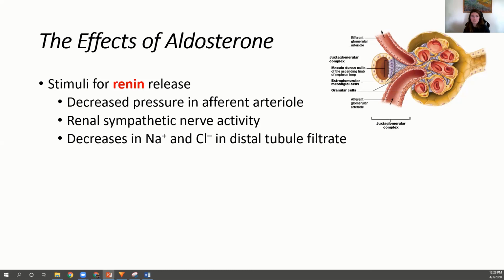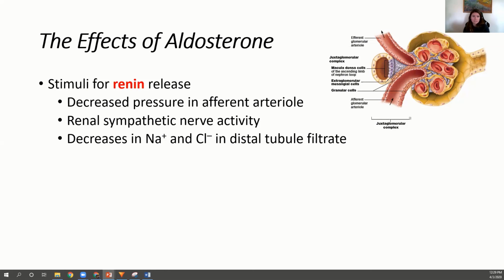If we have a decrease in pressure in the afferent arteriole, for example, going past these granular cells as we're going into the glomerulus, that is going to cause those granular cells to release renin. And we're going to see decreased pressure in the afferent arteriole when we see decreased pressure in our cardiovascular system generally. So if you have low blood pressure, you're going to release renin.